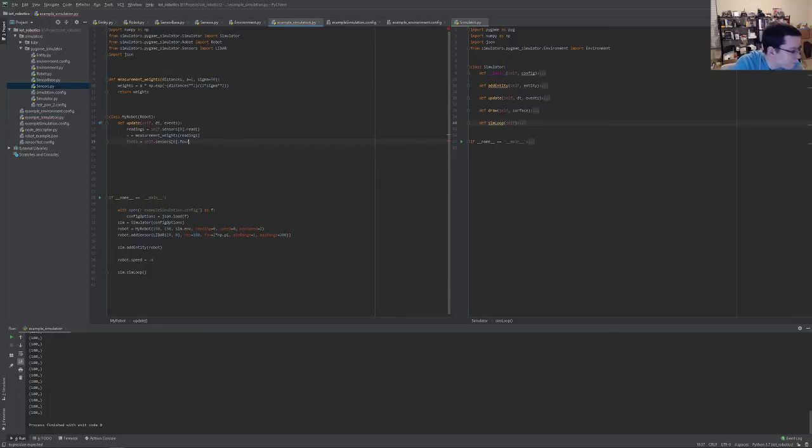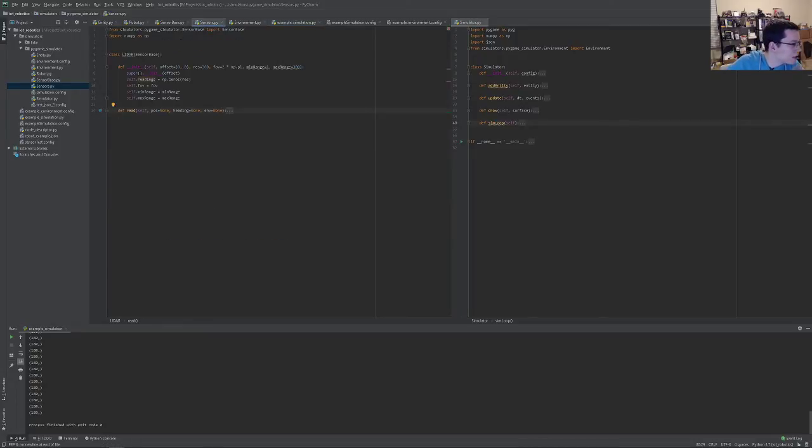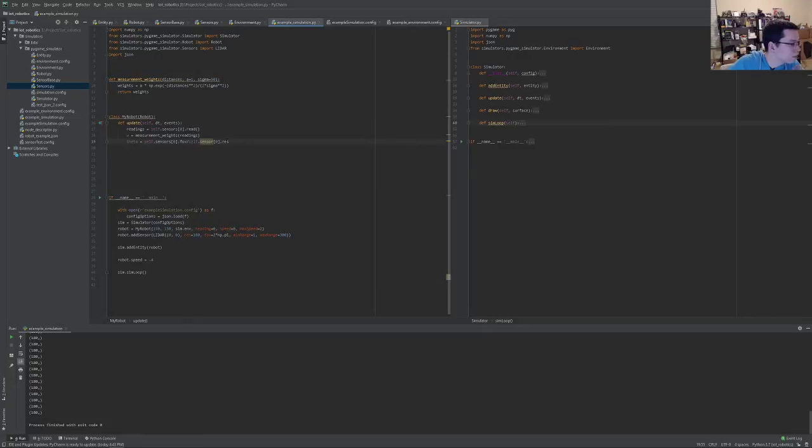divided by, and I could do the number of elements in W, but I'm not going to do that. I'm going to do self.sensors[0].res, and I assume I put that in there too. Readings. Nope. Okay. Guess what, guys?